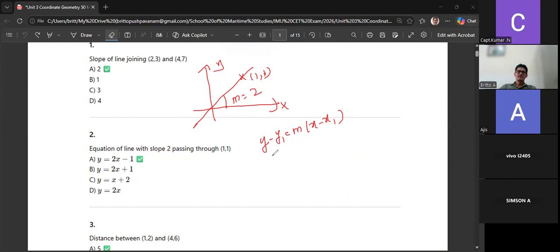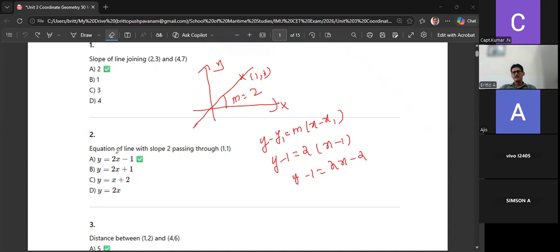Here you are given the point 1, 1, so x1 is 1, y1 is 1. So y minus 1 equal to 2 into x minus 1. Now just simplify: y minus 1 equal to 2x minus 2.